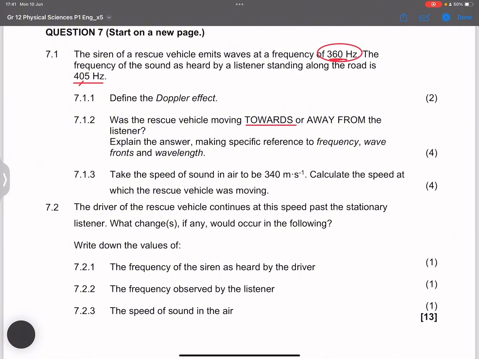Okay, so first of all, we know that the detected frequency is higher.